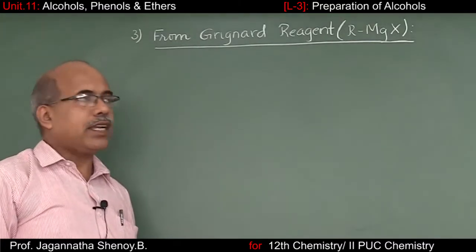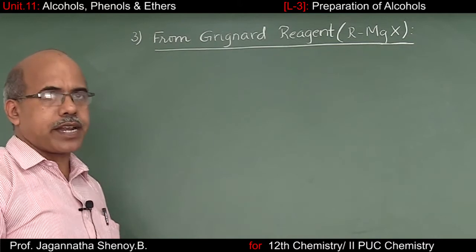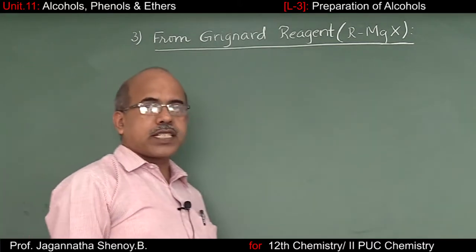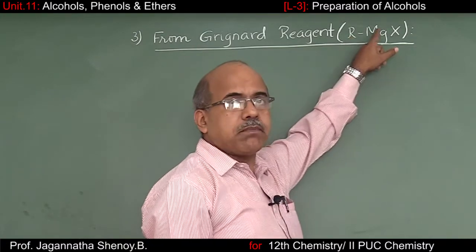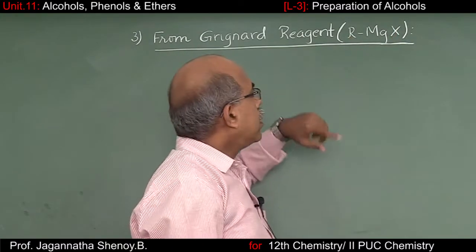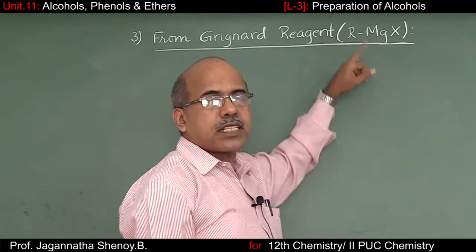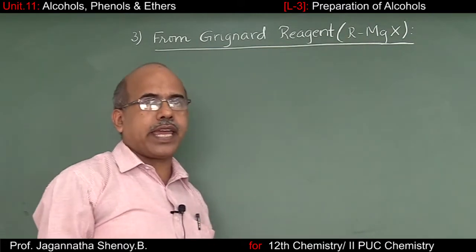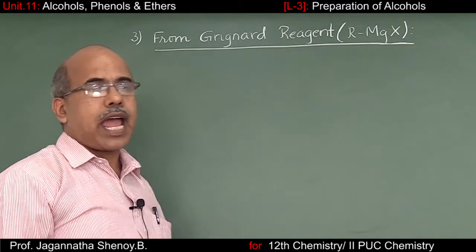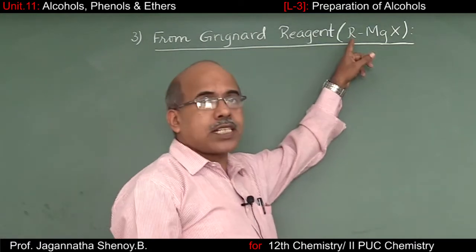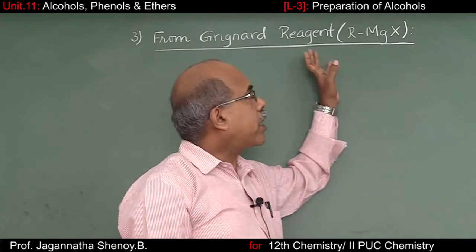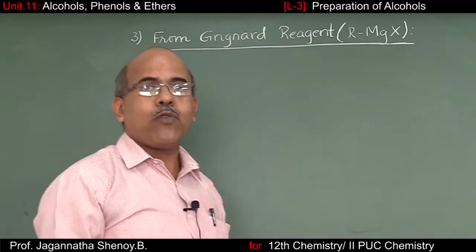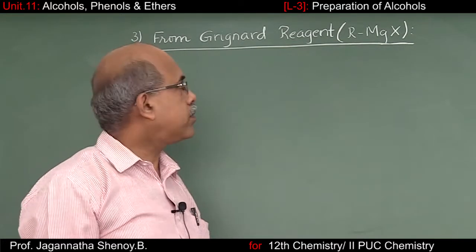The third method is starting from Grignard reagent. What is Grignard reagent? Organomagnesium halide. You have already studied about this compound under haloalkanes and haloarenes, and this is a very versatile synthetic reagent used to convert organic molecules into various functional groups.